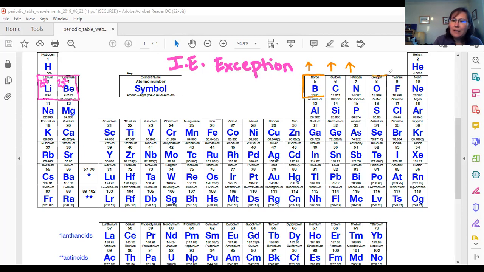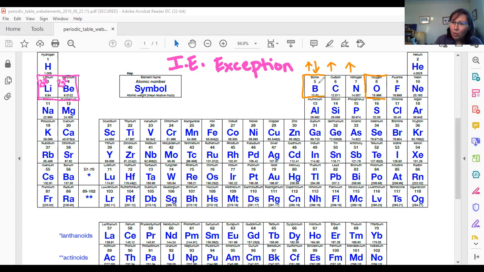Now, again, we see another exception at oxygen because oxygen is the first one that has to double up. So it's easiest to remove lithium, and then it's harder to remove beryllium, but then it's a little bit easier to remove boron, and then harder to remove carbon, harder to remove nitrogen, and then a little easier to remove oxygen.